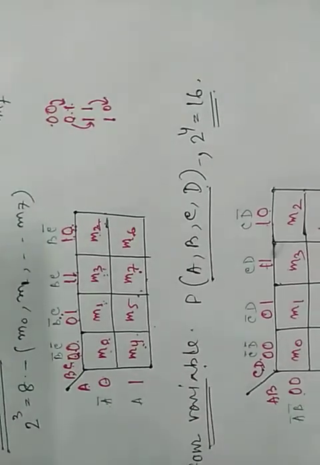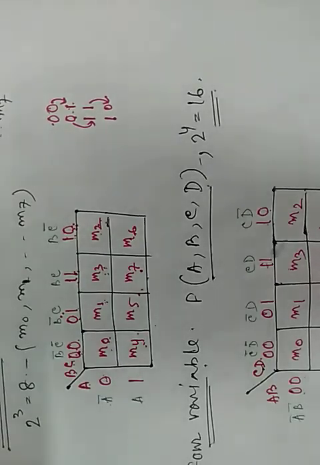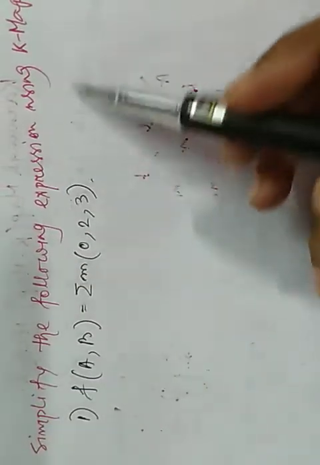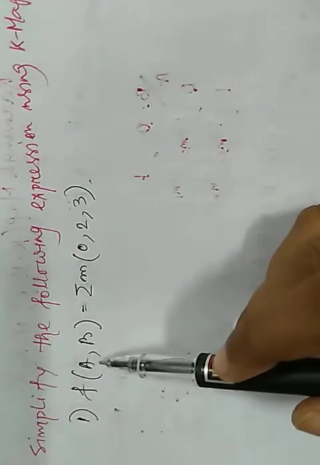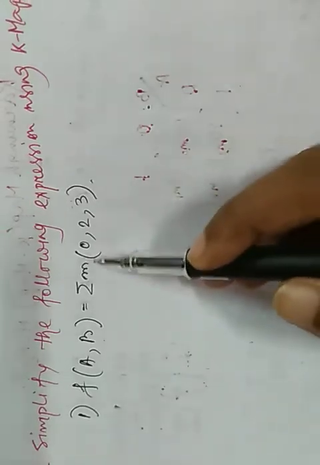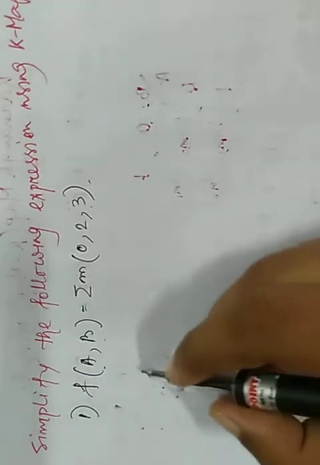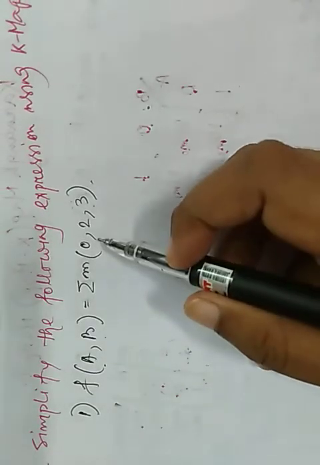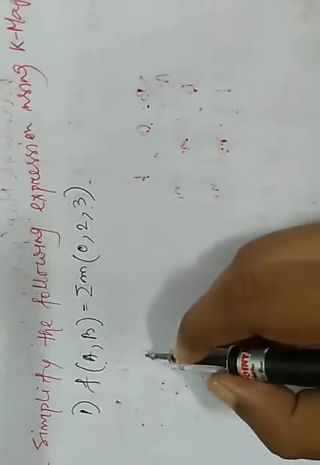Okay, so let us see with an example. Suppose we have this example: simplify the following expression using K-map. It is 2 variables and 3 min term values are given. So 2 variables means we have to express it in a Karnaugh map table.